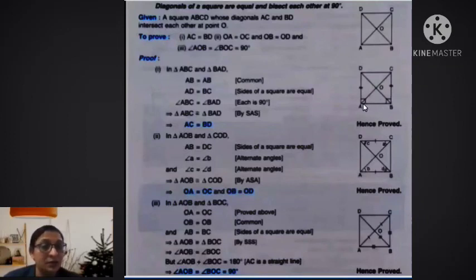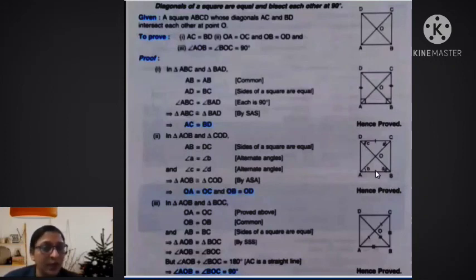As side AC is equal to side BD is also proved, since the sides are corresponding sides of the congruent triangles. In the second case, the triangle AOB and triangle COD, we notice side AB equal to side BC, which are the equal sides of the square.